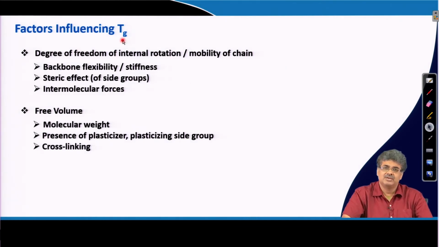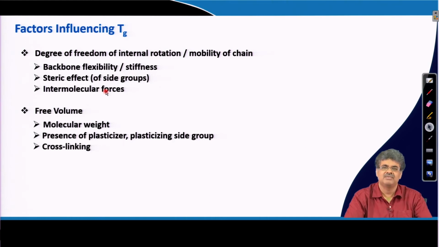Now, looking at the polymer structure, we can find there are different factors which influence the value of Tg. As intuitively you can guess, if the backbone structure is more stiff, obviously the mobility or the tendency to rearrange themselves will be lower, hence the Tg will be higher. If the steric effect is higher, which means again the probability of rotation around the single bond will come down, Tg will be higher.